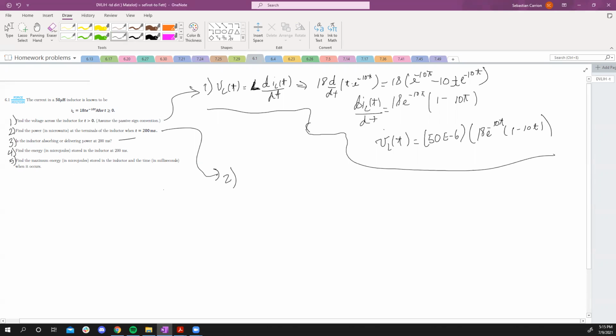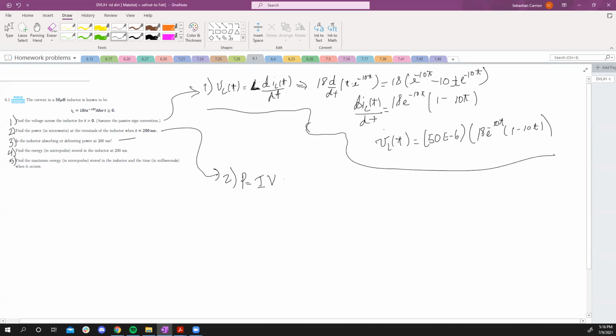Question 2 says find the power in microwatts. We know that power is equal to current times voltage. These are the only values we have.